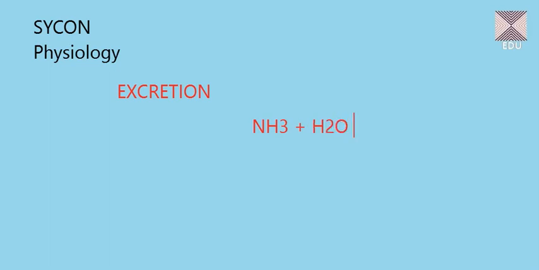and it forms ammonium ions, NH4 plus, and it forms OH negative. So this is the reaction. This particular ammonium ion, which is now present in the cells, will be given out into the environment.